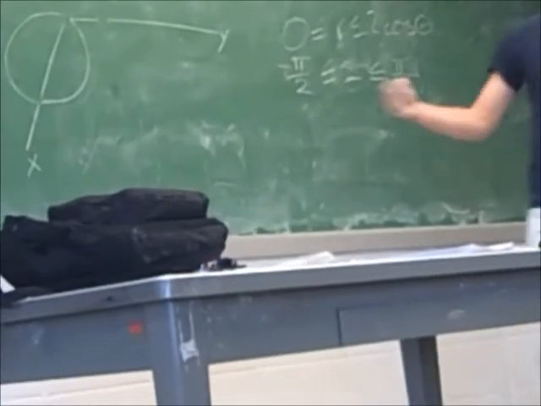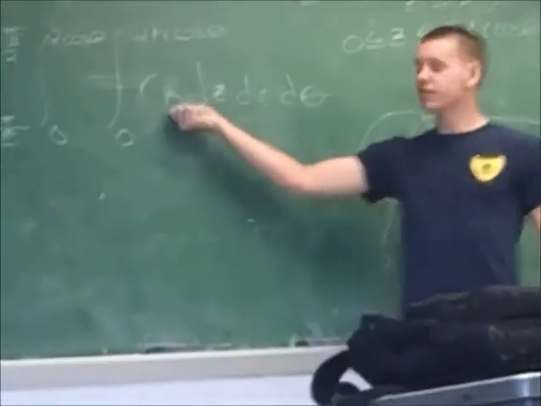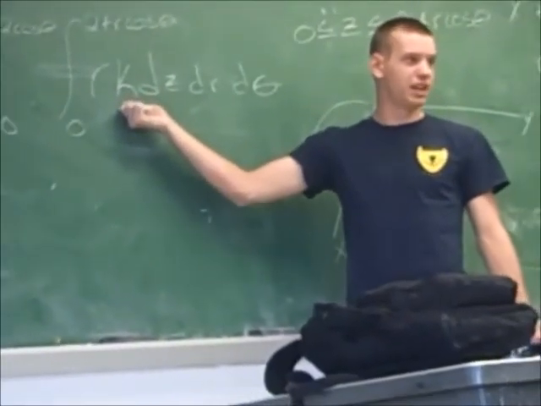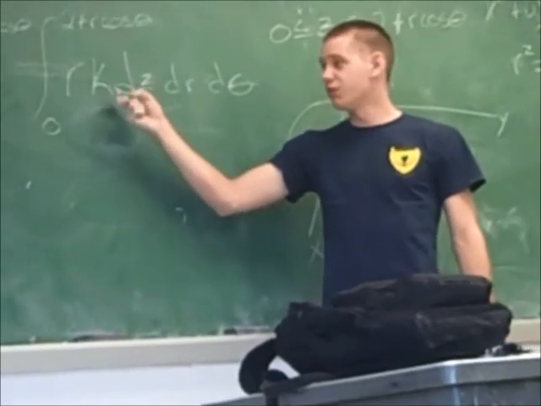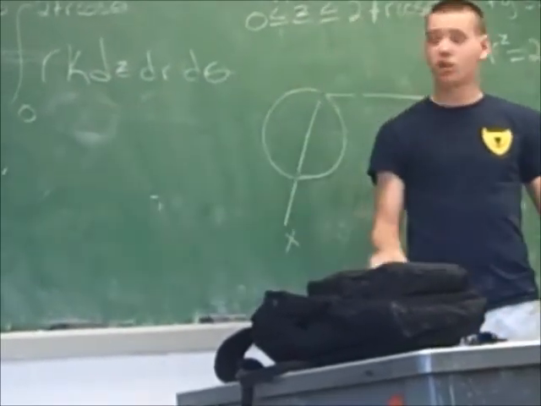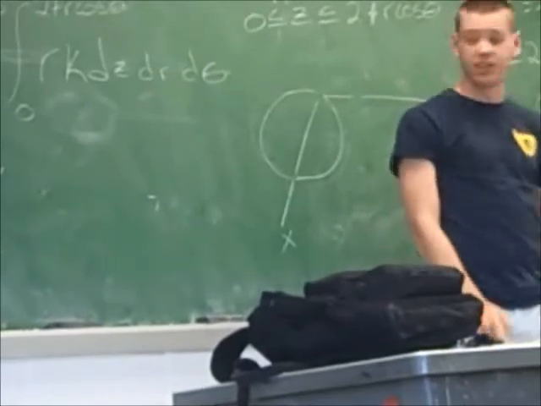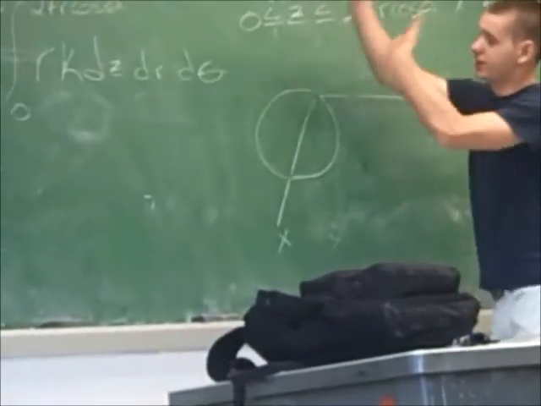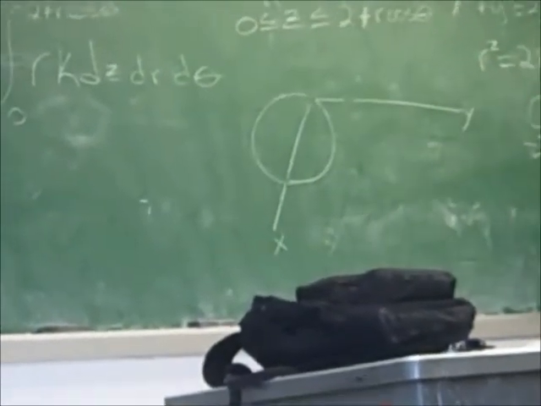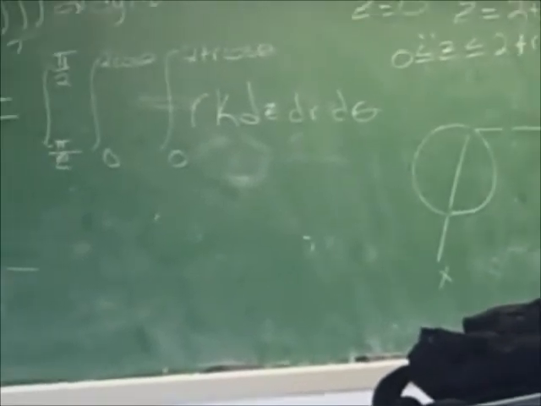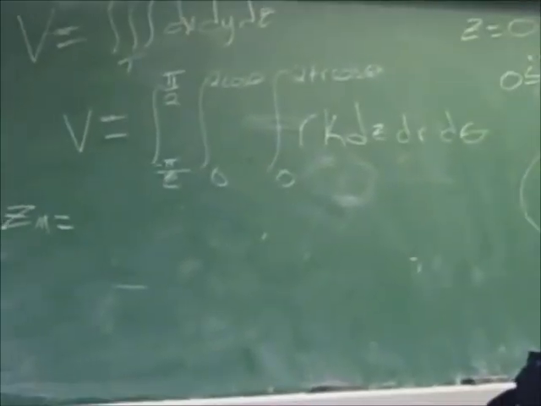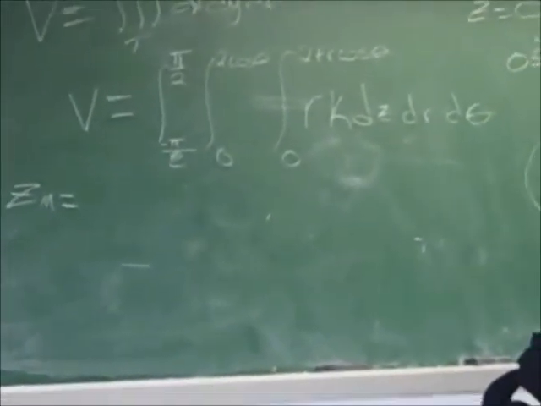It could be 7. If you forgot this on a test, you wouldn't get any points off, if you forgot to put a k here. But whatever k is, that's the density of this weird shape getting cut by this plane. It's a cylinder with a plane going through it. Alright, so you got to throw the k in there.